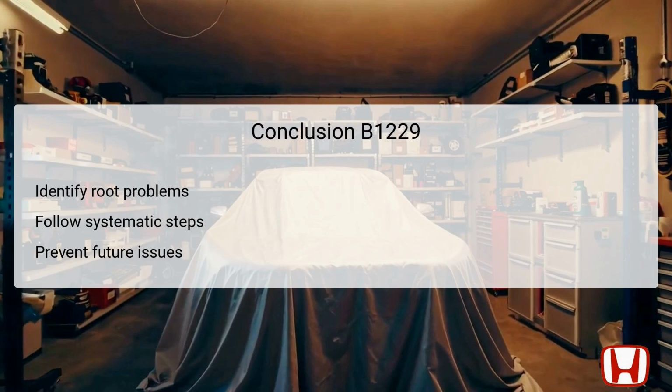In conclusion, addressing DTC B1229 effectively involves identifying root problems, following systematic troubleshooting steps, and implementing preventive measures to avoid future issues. The sunlight sensor plays a critical role in regulating climate conditions in the Honda Odyssey, making its proper functioning essential for passenger comfort.